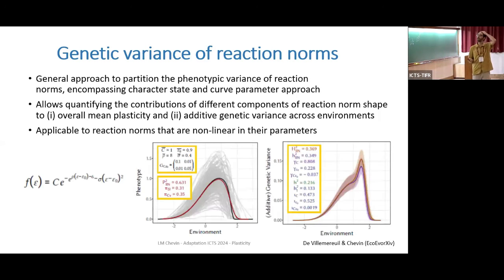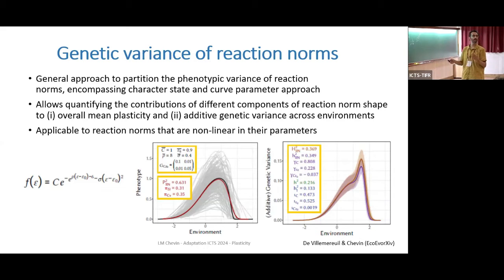Could you show the equation again? In the environment, the original environment and the new environment? The epsilons, aren't they epsilons? Yeah. This is not the original environment. It's just something that determines where this is centered.